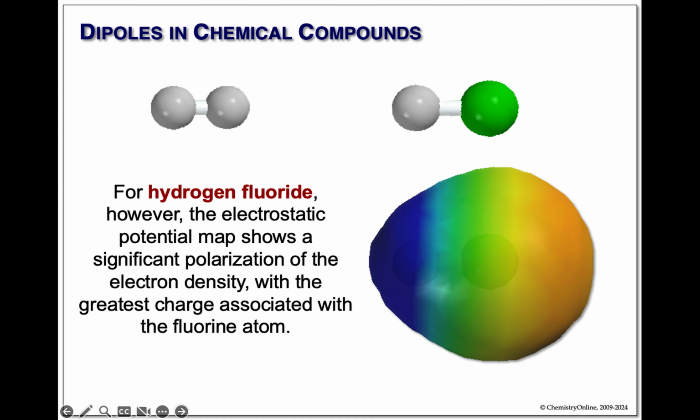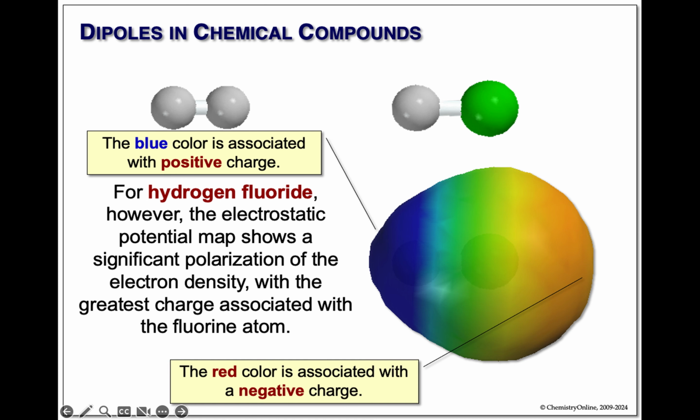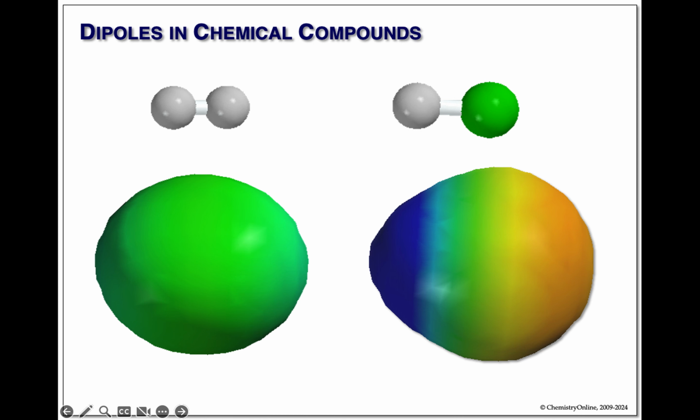In the color scheme, blue represents electron deficiency or a positive charge. Red indicates excess electrons or a negative charge. This is an example of a polar covalent bond. Hydrogen, they were the same, it was uniform.